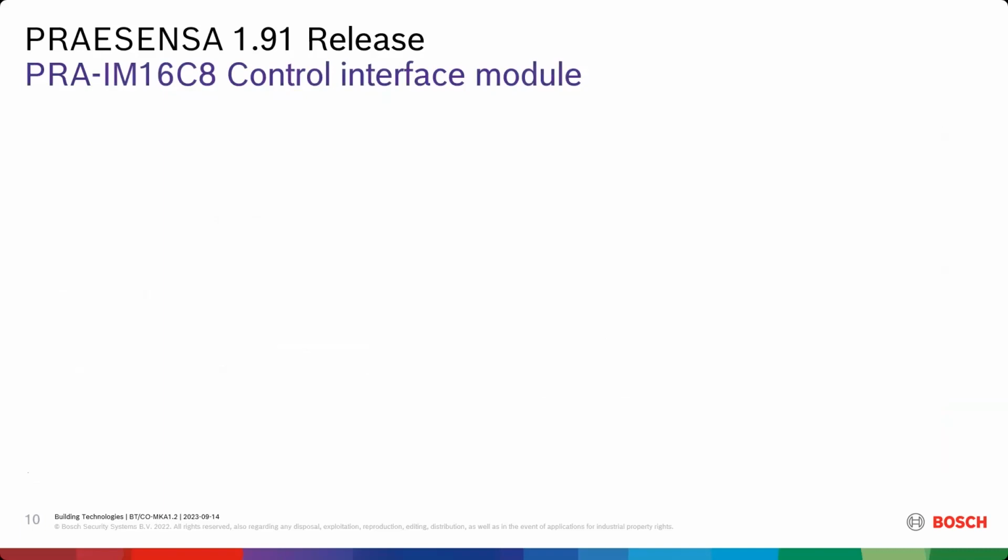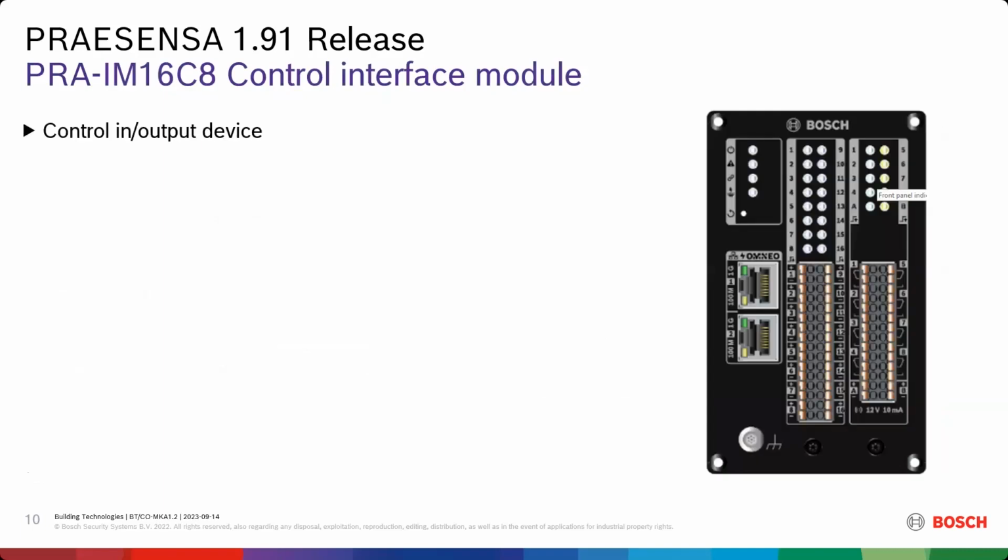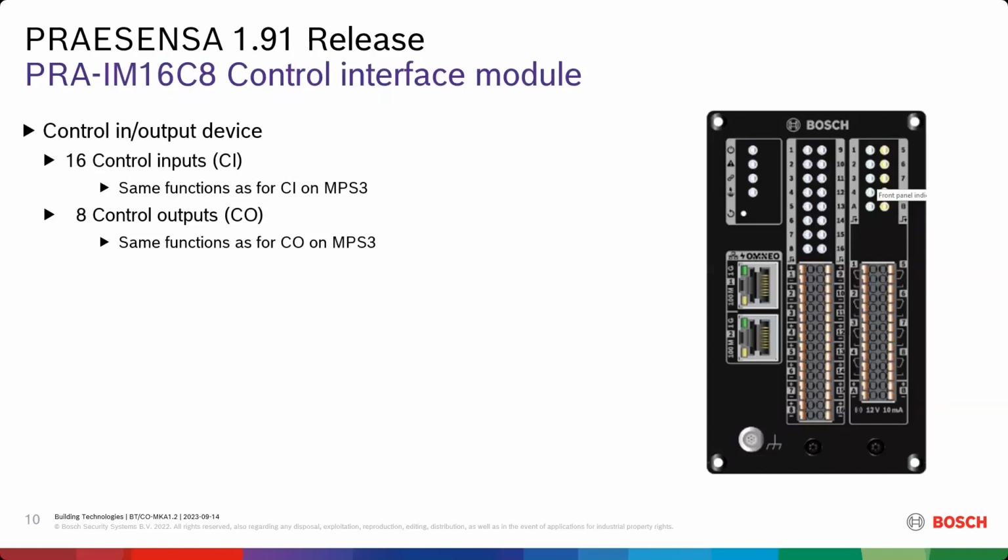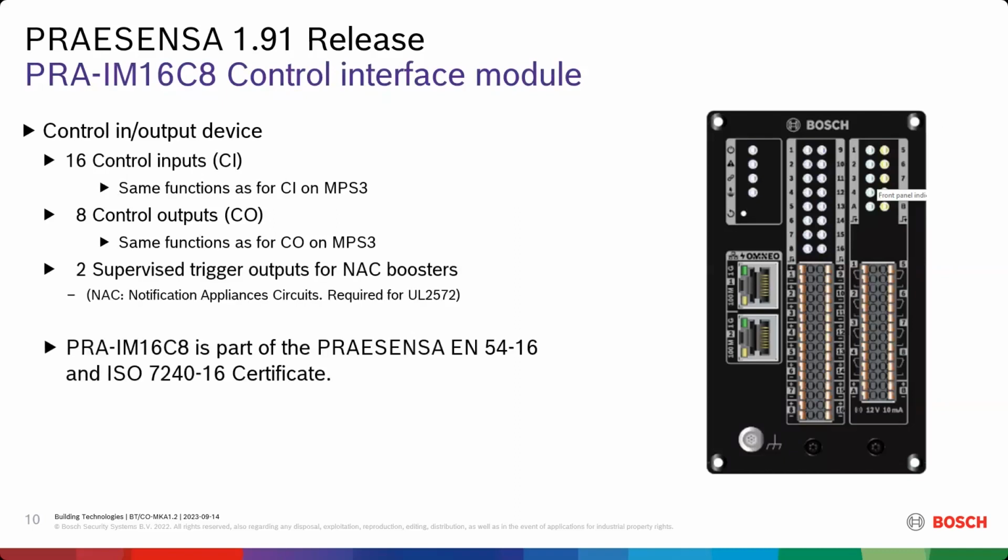And as you see on the next slide, here is a bit of an overview on the feature set of this module. So it's 16 control inputs, it is 8 control outputs, and we have to supervise the triggered outputs for notification devices.